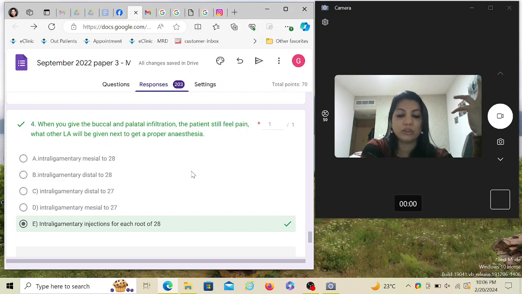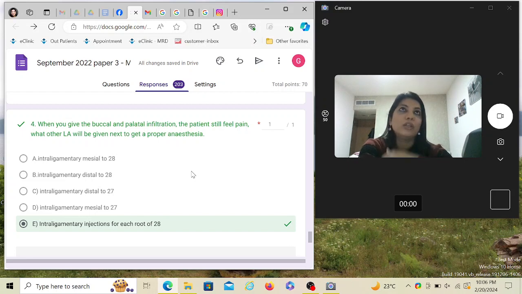And intraosseous works better than intraligamentary, to be honest. Intraligamentary can get a little painful, but intraosseous, because you've already given the buccal infiltration, is not that painful. Intraligamentary also requires certain short needles and a lot of extra pressure for you to give.